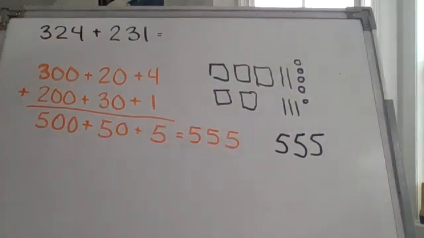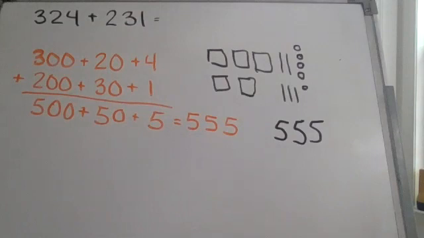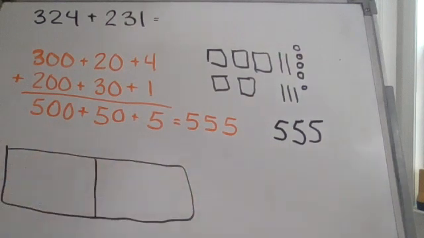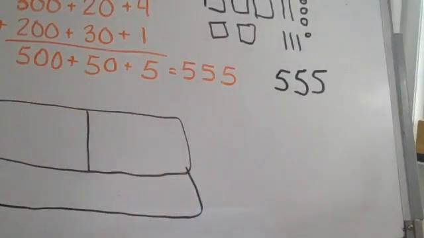Okay? If I was going to use this for my part-whole model, a different strategy. Remember, use a strategy that works for you. I'm going to draw my boxes in my part-whole. Here are my two parts, okay? I'm going to add my whole in here. Some people draw a box, some people leave a blank. Either way works. My first part is 324.